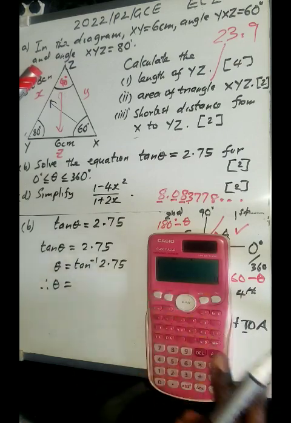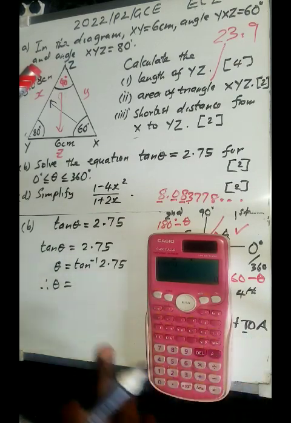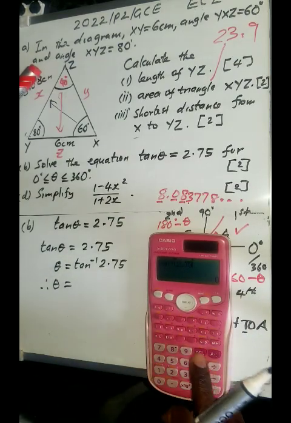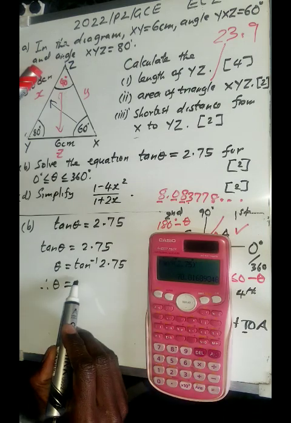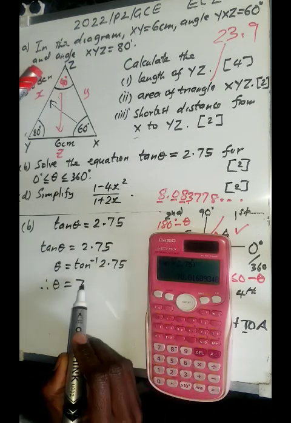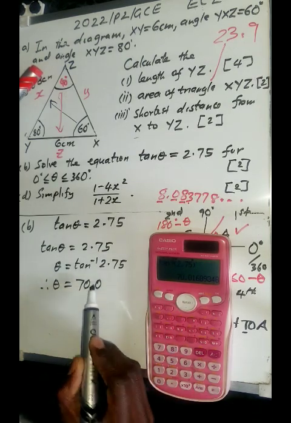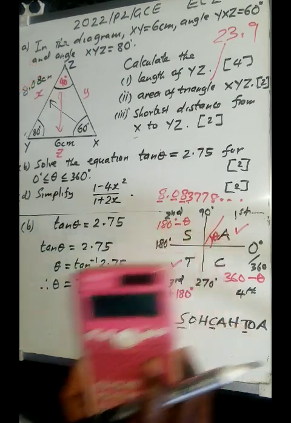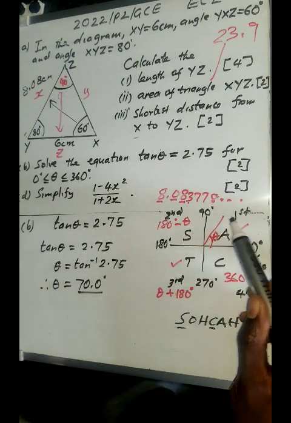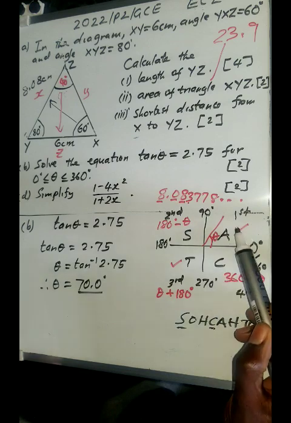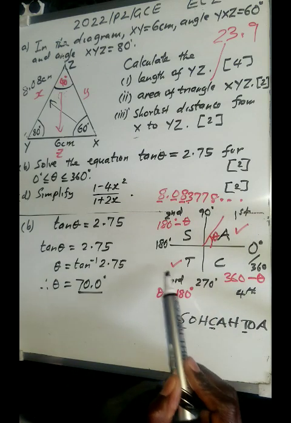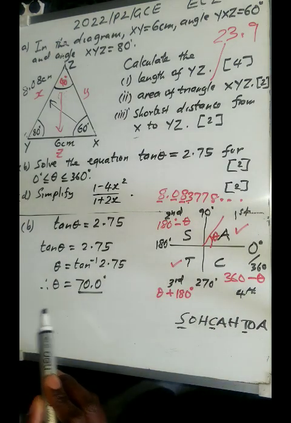So I'm going to say shift tan, then you type 2.75 there. What is the angle? Remember, left to one decimal place, it was 70.0 degrees. So this angle that we have gotten is the angle in the first quadrant, and it is part of our solution. So how do I get the angle in the third quadrant?